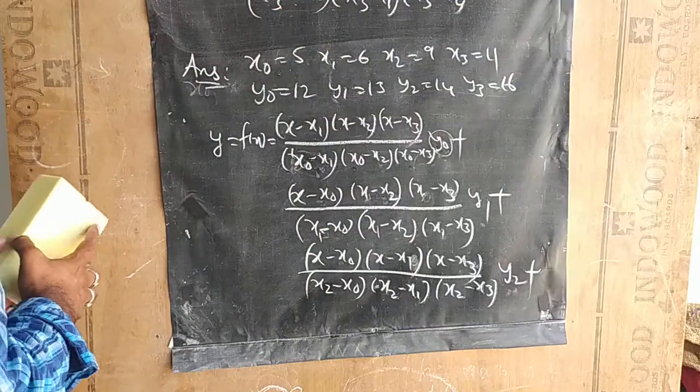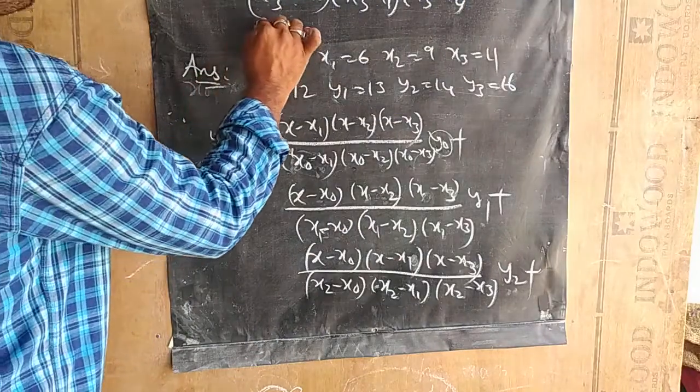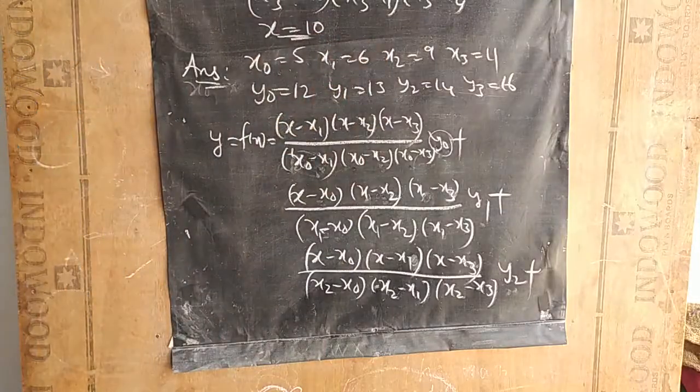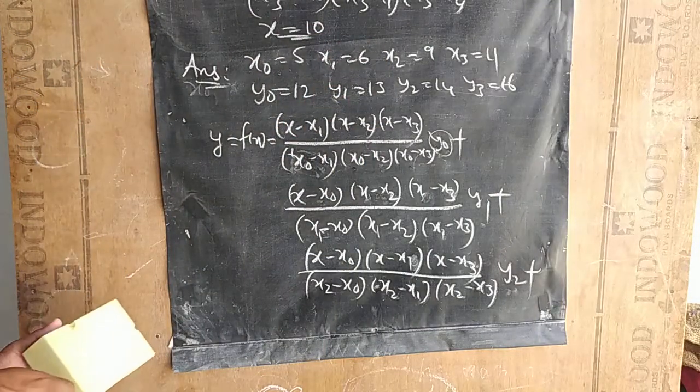So we will be substituting the values here. Now in place of x, we are going to substitute the value 10, because y is equal to f of x at 10. So let us substitute the values now.